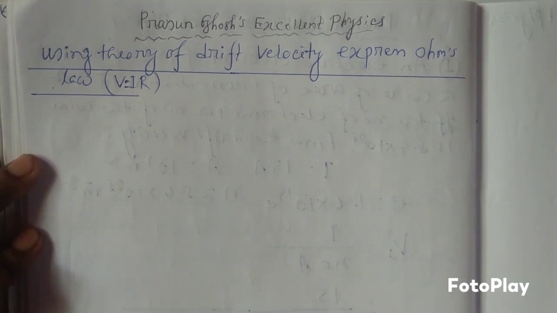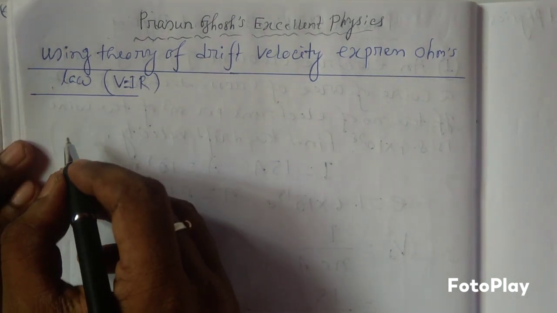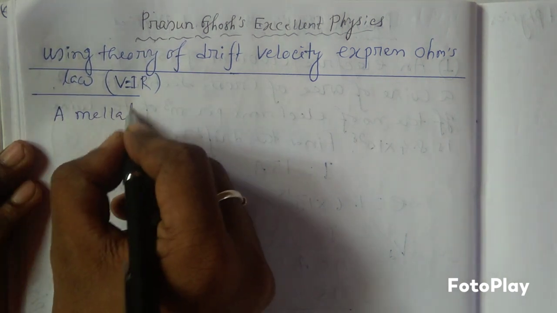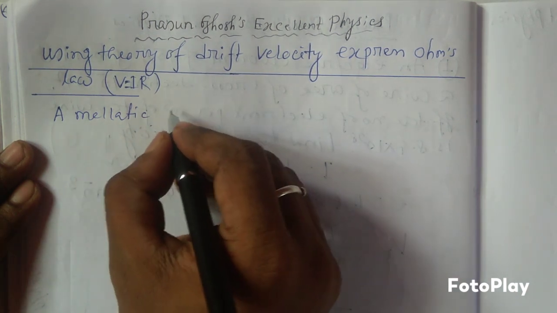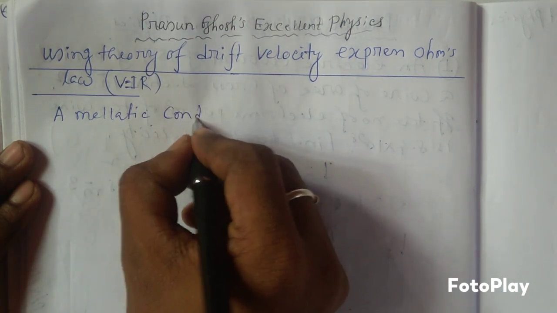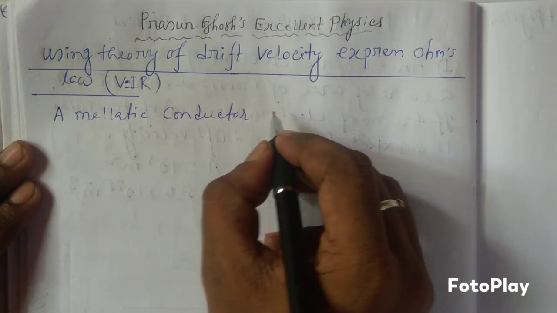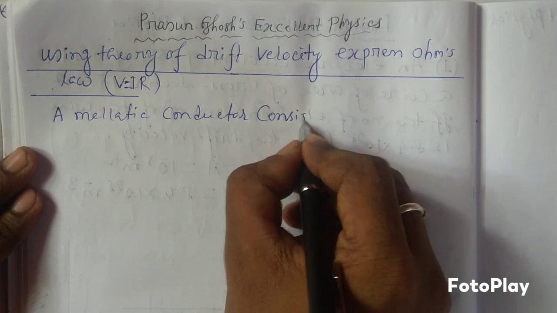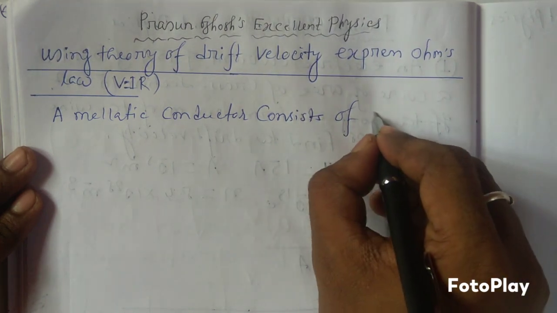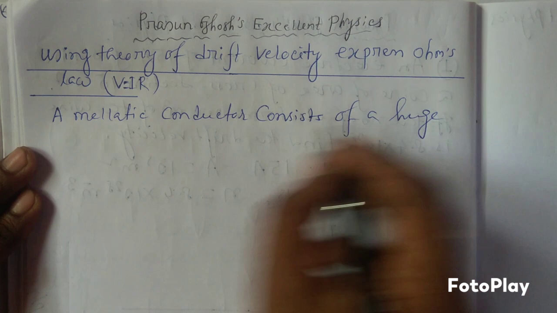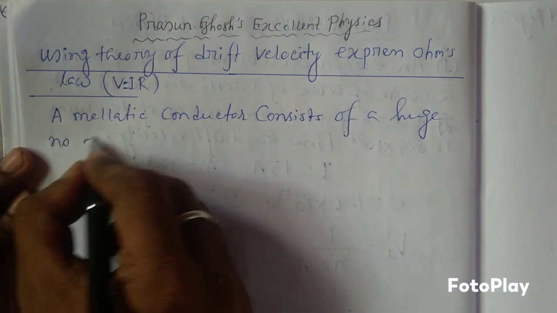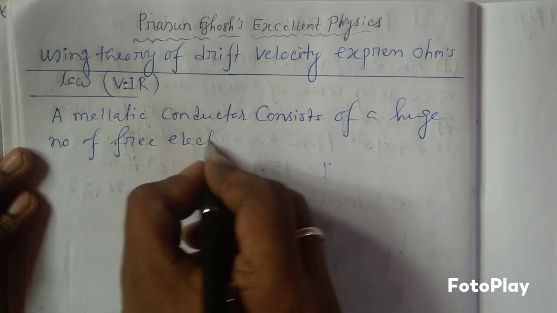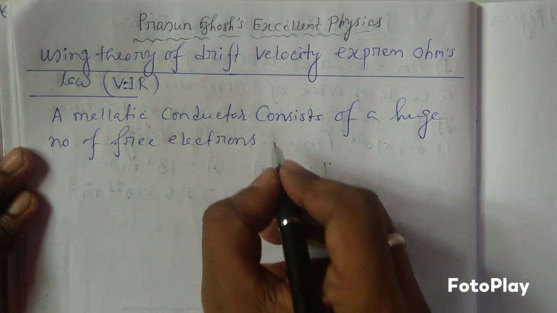So first of all we have to write down: a metallic conductor consists of a huge number of free electrons.